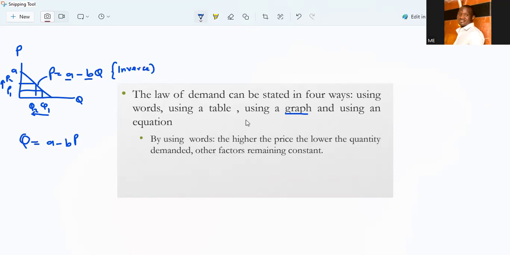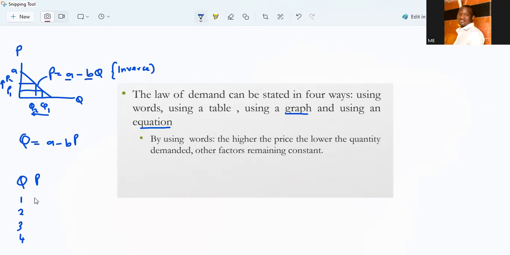We can also use the table to illustrate what we call the demand schedule. So the quantities are increasing: 1, 2, 3, 4. The price will be inverse.